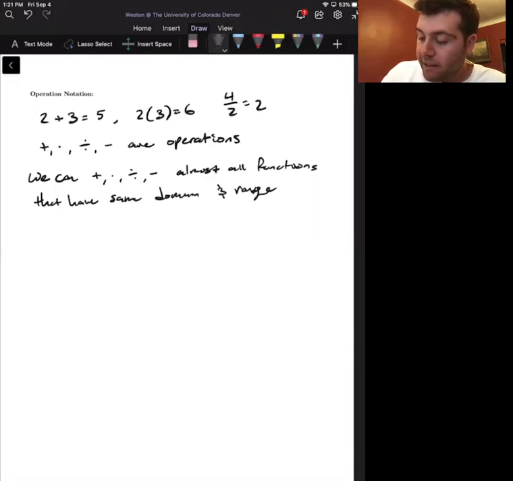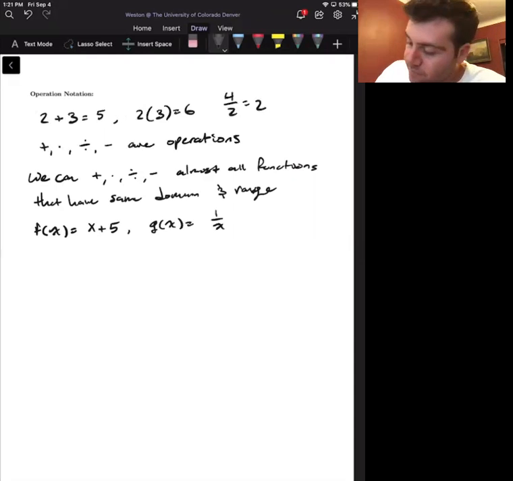So the basic idea is that if we have f of x equals x plus 5, and g of x equaling 1 over x, then f plus g of x is just f of x plus g of x.